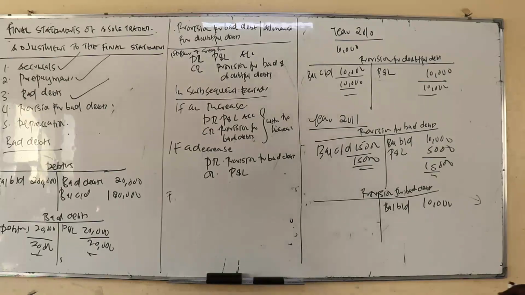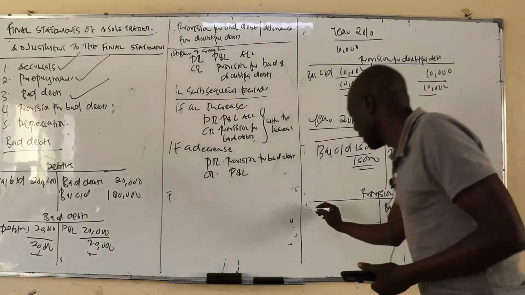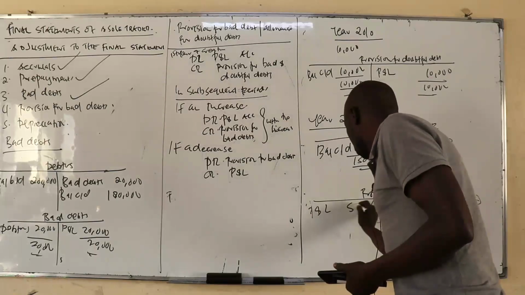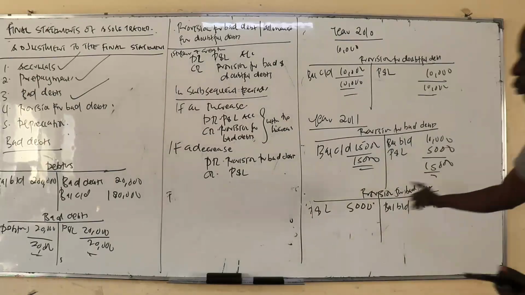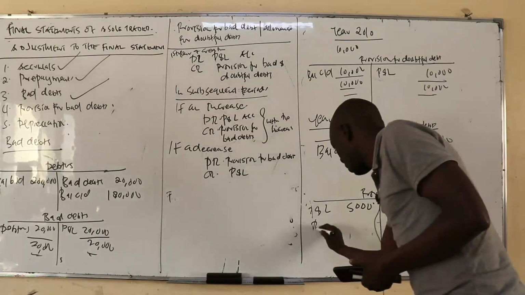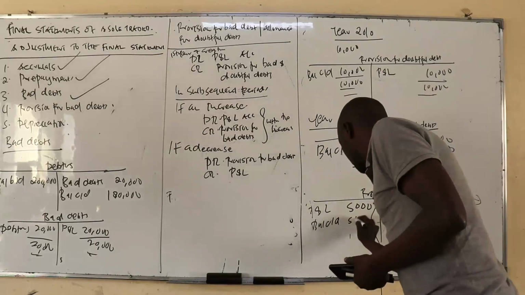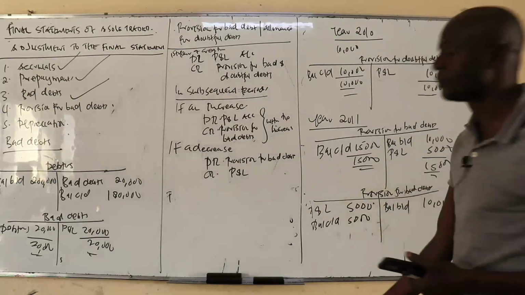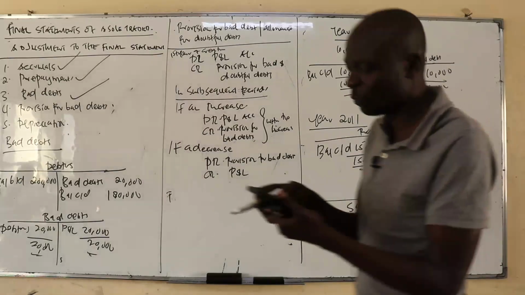So you write here profit and loss account. You want to only retain 5,000. You want to take back 5,000 into business. So the balance carried down here will be 5,000. So that is how we treat provision for bad debts.